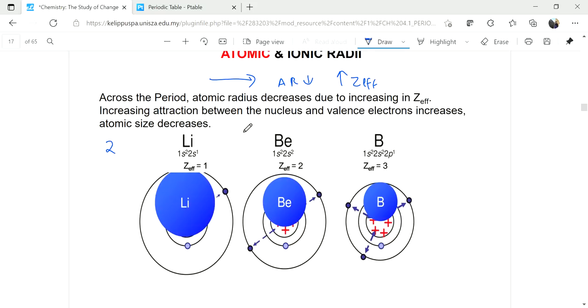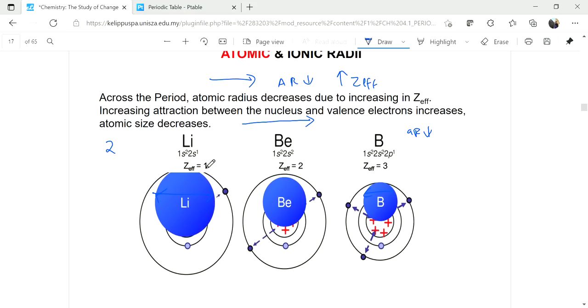So across the period, as you can see, the atomic radius decreases. This is a larger atomic radius, this is a smaller atomic radius. So across period, atomic radius decreases, ZF value increases.